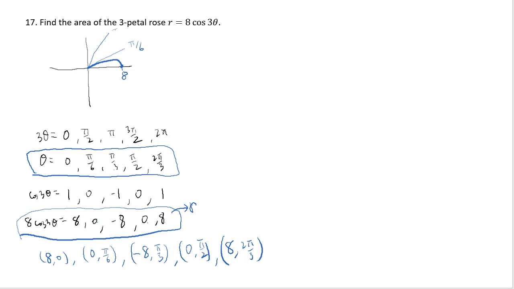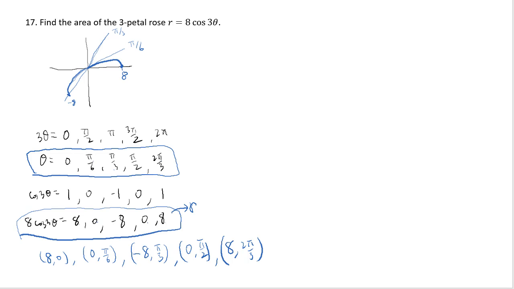This is pi over 3, 60 degrees. You're reaching -8, so you're here. Here's -8. So you should reach here. Okay, so go like that.